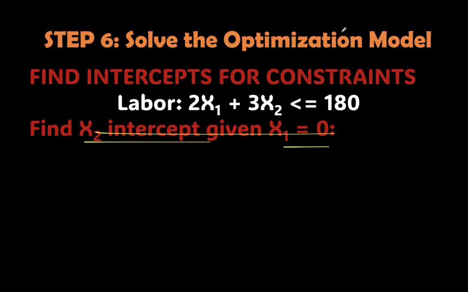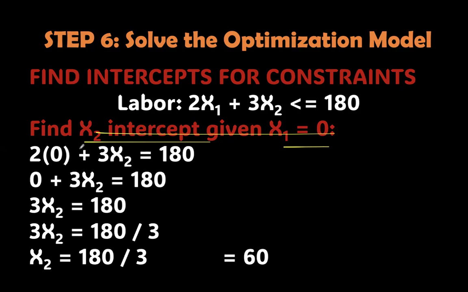So 2 times 0 plus 3x sub 2 becomes 0 plus 3x sub 2 equals 180. You need to go step by step accordingly, so that you will earn the designated points as well. Now for 3x sub 2, you have to divide both sides by 3.